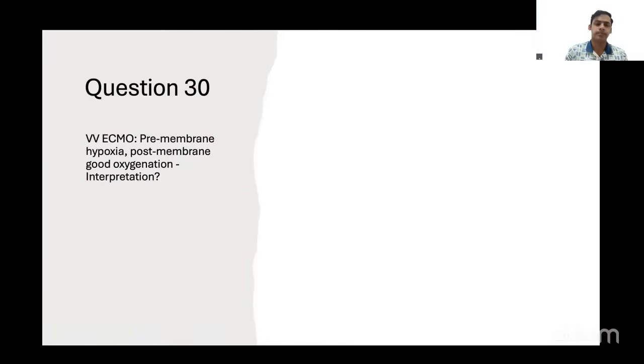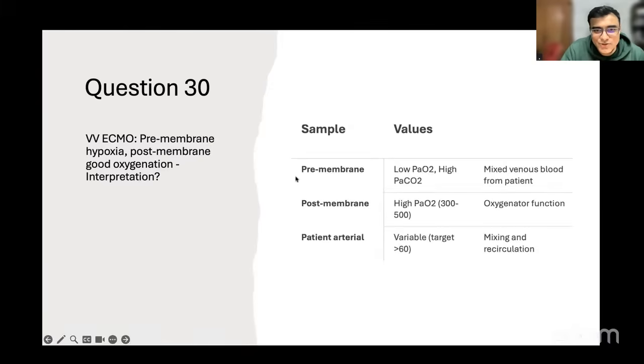Okay, VV ECMO, pre-membrane hypoxia, post-membrane good oxygenation, interpretation. I did not really understand this question because this is a normal phenomenon, right? Normally, pre-membrane you will have low PaO2 and high PaCO2 values, which basically means that it is mixed venous blood from the patient.